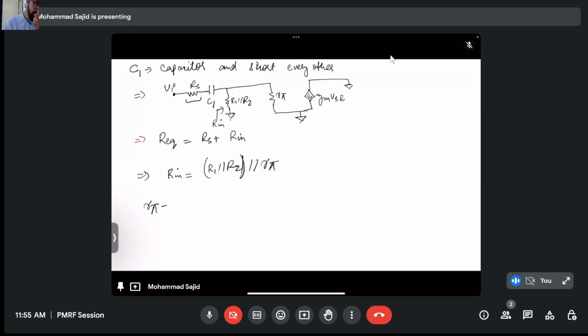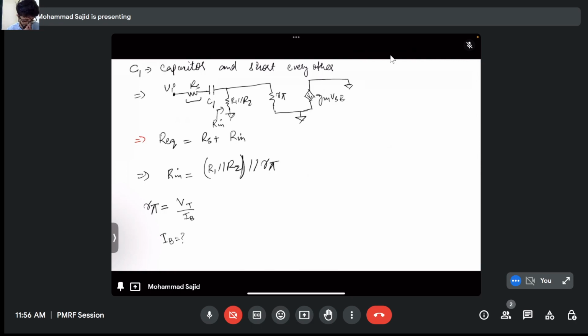Do you remember the formula for R pi? No. R pi is, as we know, given by Vt by Ib, right? So first we need to find Ib.